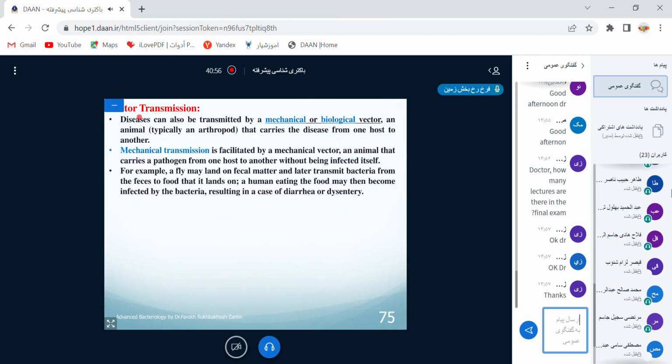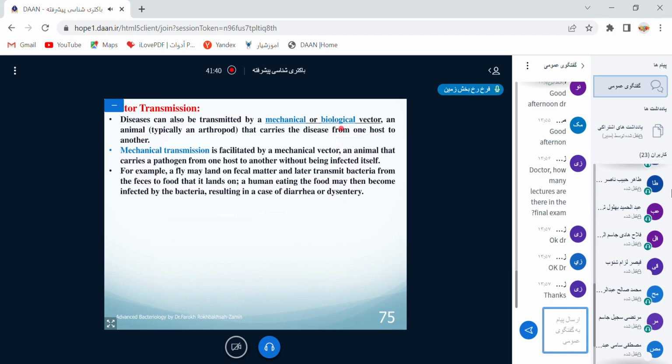Another one is vector transmission. Disease can also be transmitted by a mechanical or biological vector, an animal, typically an arthropod, that carries the disease from one host to another. So we have two types of vector: mechanical vector and biological vector.